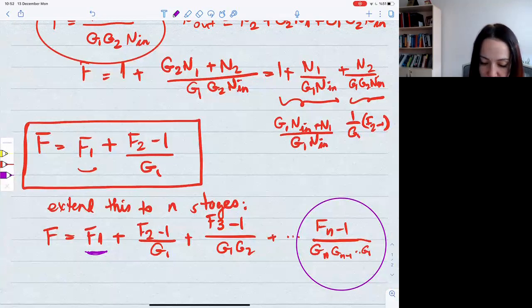Okay. So that's why often we use a low noise amplifier at the front end of the system.